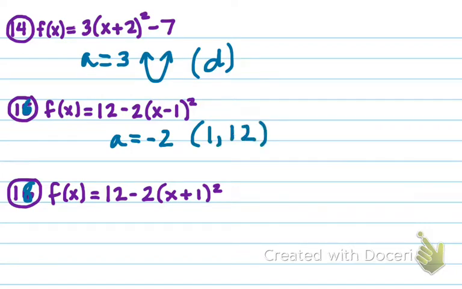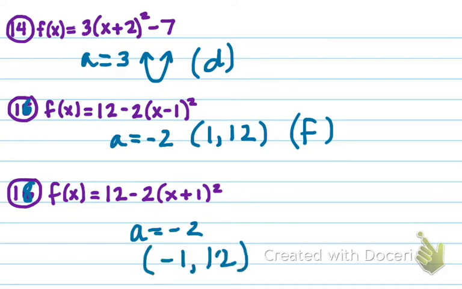So when we look at our answer choices, that has to be F. And then we want to verify that number 18 matches with the final answer. And our A again is negative 2. And our vertex is negative 1, 12, which does in fact correspond to the answer choice C. And that's the end of this video.